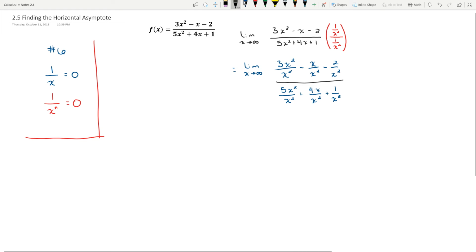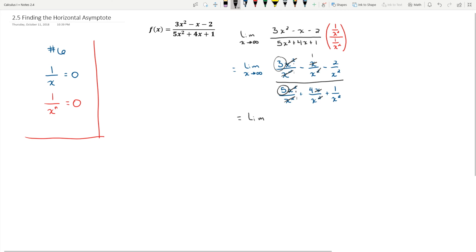Let's go ahead and reduce these. So these reduce to simply 1 over 1, which is 3. This reduces to 1 over x. In the denominator, x squared over x squared will be just 1 over 1, leaving us with 5. Here we'll end up with just 4 over x, and we'll go ahead and rewrite this.